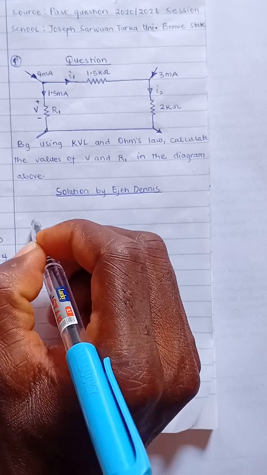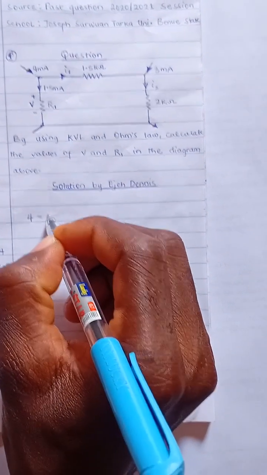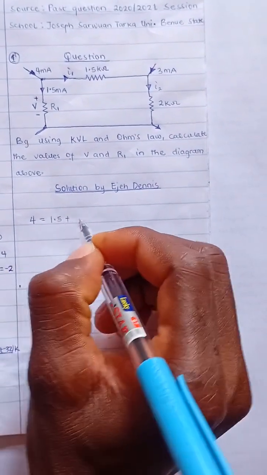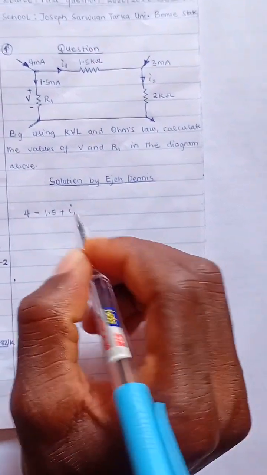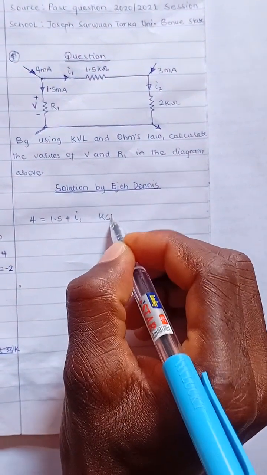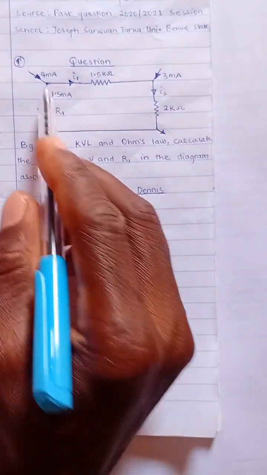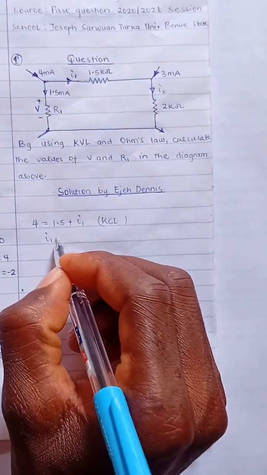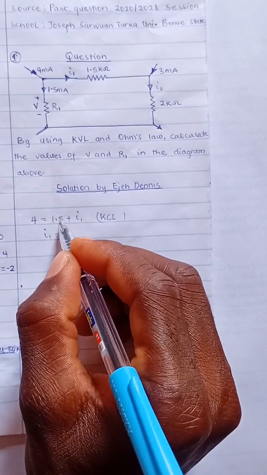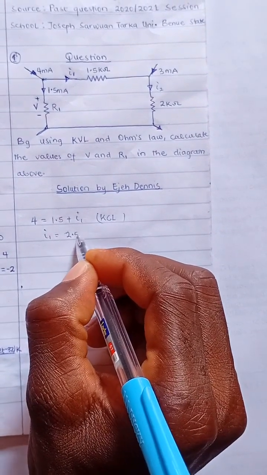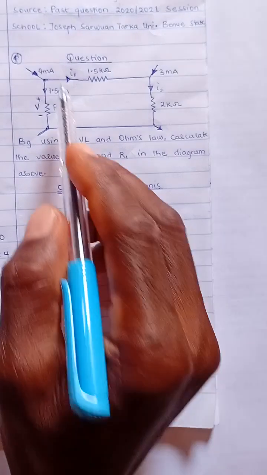So 4 milliamps should be equal to 1.5 milliamps plus I1. So that's by Kirchhoff's current law. So you get I1 to be equal to 4 minus 1.5, you get 2.5 milliamps. So we've gotten this current.